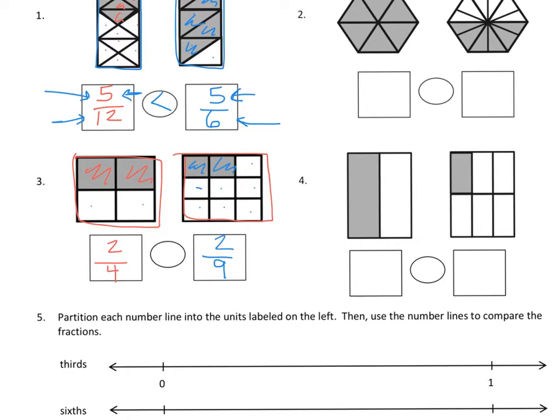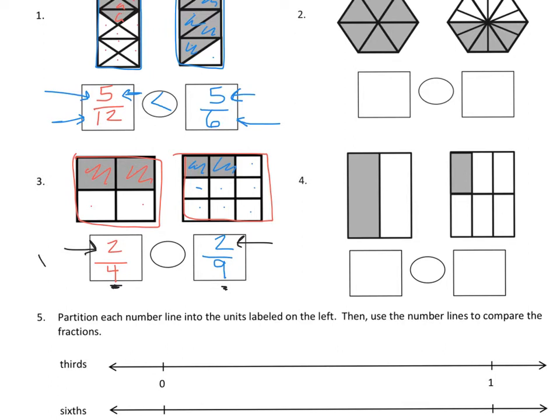So again, I'm coloring in 2 from each. But the size of the unit that I'm shading is the most important part. Since 4 is a smaller number than 9, it means that these fourths are going to be much larger, and I can see that with my picture.